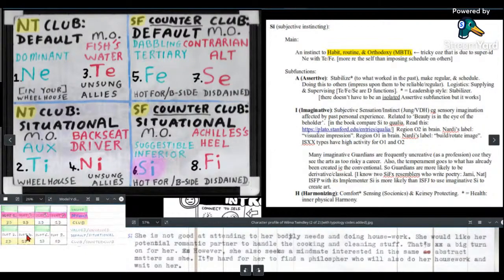That would be the implication from this arrangement, in that the first cut is club versus counter club. So all the club functions are on the left. Within that, the 2 strongest ones in my model are the valued ones, and then it's default.